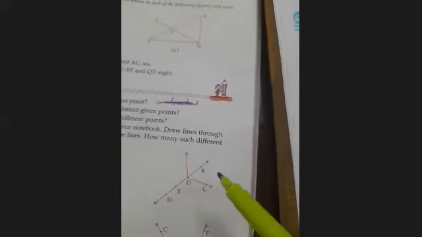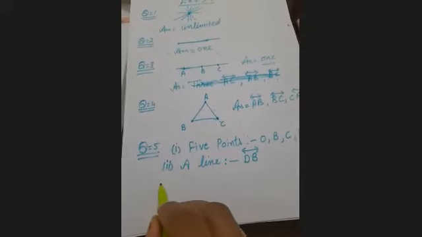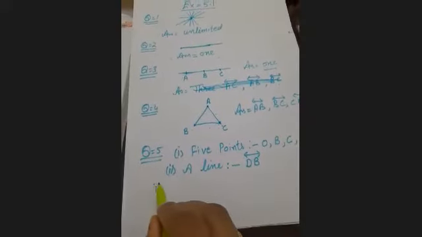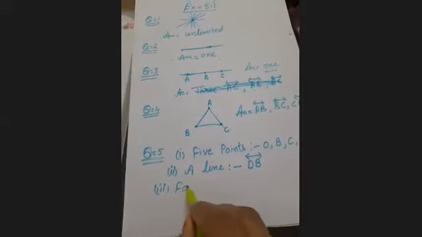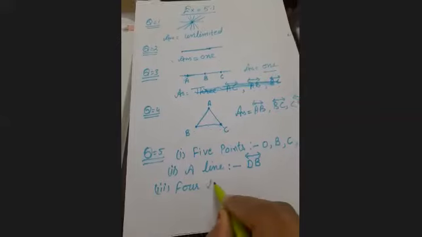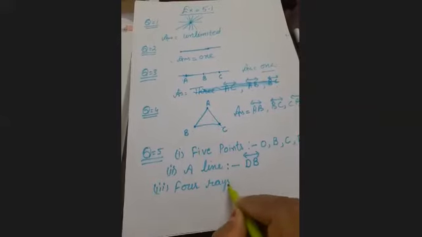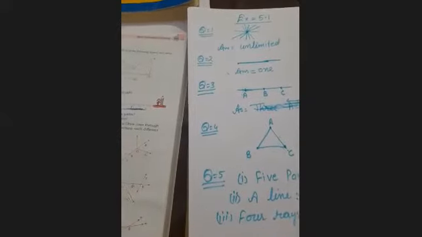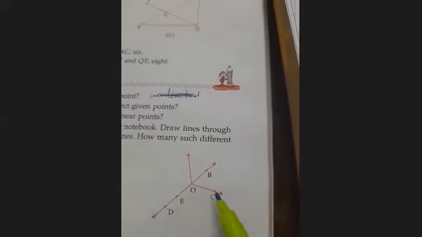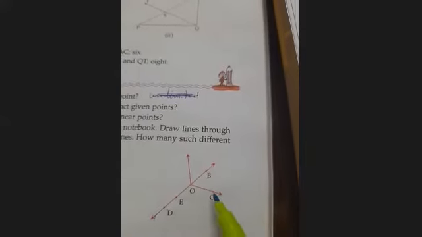Next is 4 rays, third part. Write 4 rays. Yes, friends, looking at the figure, the first ray is OC.